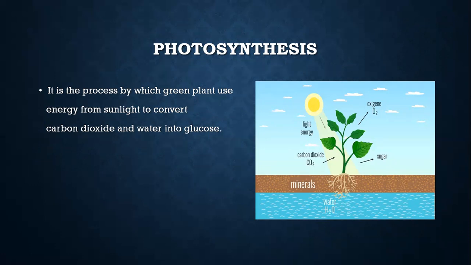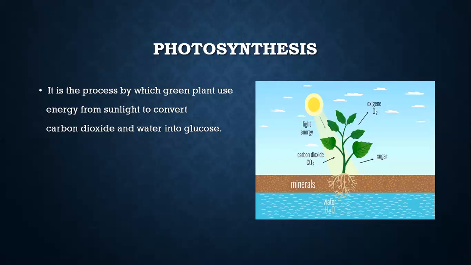When all the substances required for photosynthesis are present in the leaves, a chemical reaction takes place in the presence of sunlight. The energy from sunlight is trapped by the chlorophyll pigment of the leaf and used to combine carbon dioxide with water to form glucose.